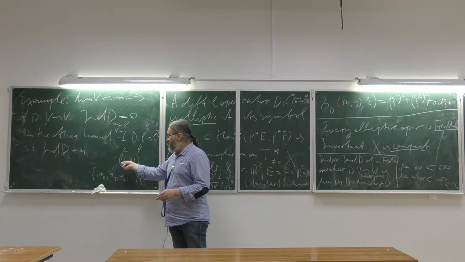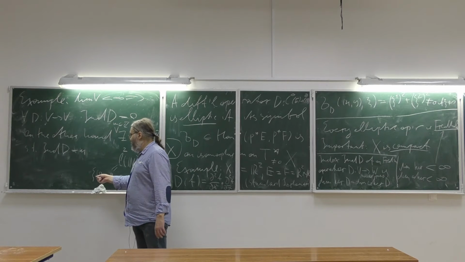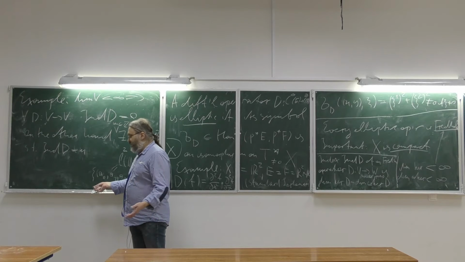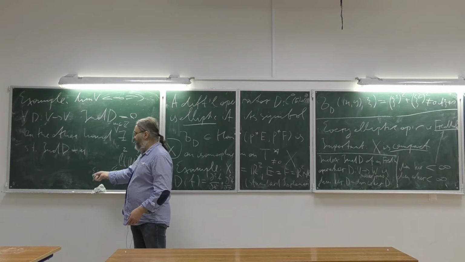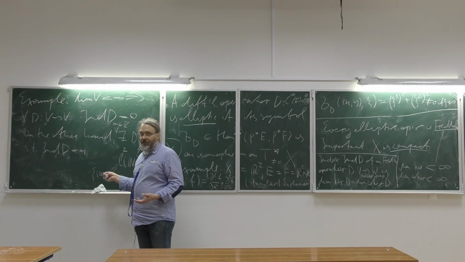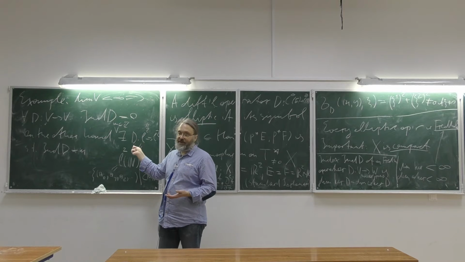Well, here L2 is not very important. Instead of L2, we could take basically L1 or L infinity, or even the direct product of n copies of R, because here we are interested in just vector spaces.